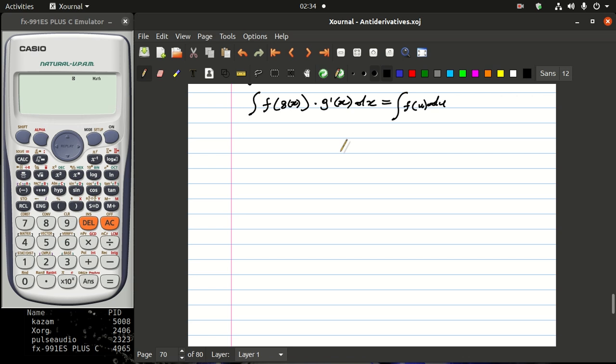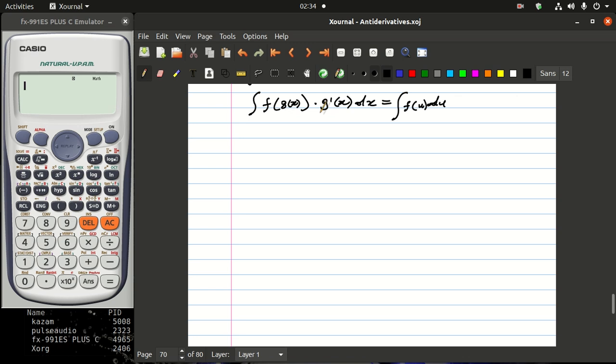How do we actually find the indefinite integral using the substitution rule? We only use it if we have a multiplication of two functions. That is the first thing that you must realize. And the second thing, one of these functions is actually the derivative of the inside function.